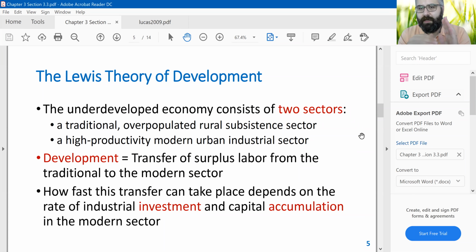So if you imagine the labor market graph, with wage on the vertical axis and labor quantity on the horizontal axis, then if capital accumulation continues in this sector, labor demand shifts right. Okay, so that increases the quantity demanded, right? So that increased quantity demanded will absorb the surplus labor in agriculture. So that's the entire idea.